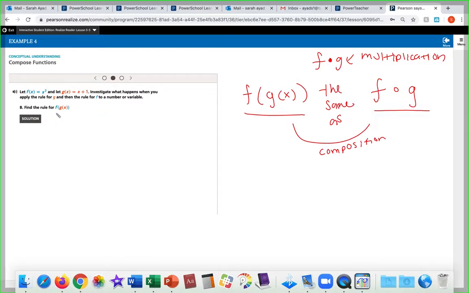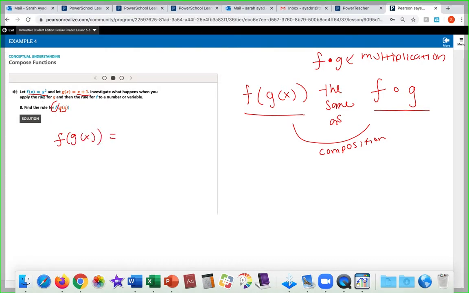Now what does this mean? This is saying take the function f. Well, here's the function f. Instead of x, I want you to replace it with g of x. This is g of x. So, in the function f, this is how I prefer to write it.